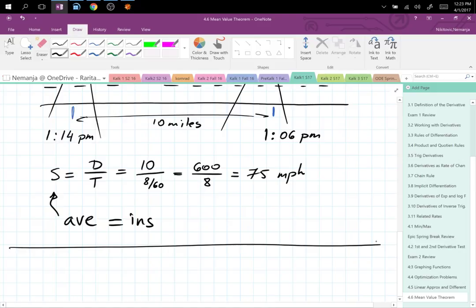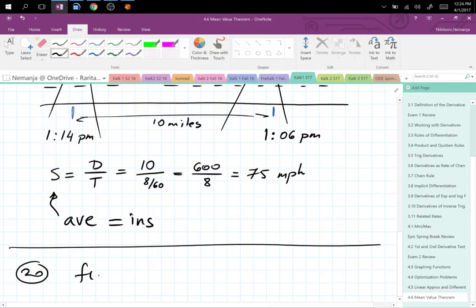Each one of these problems, this is problem 20. Determine whether the mean value theorem applies, and then figure out at which value this is true.